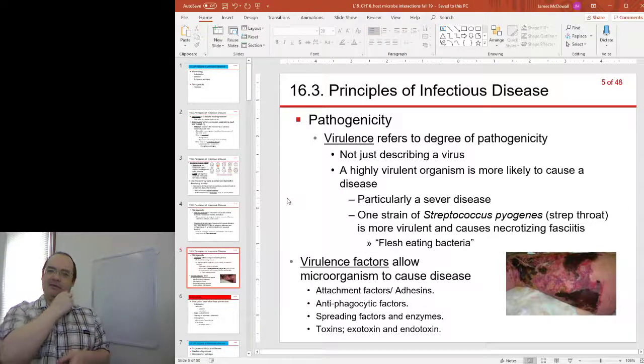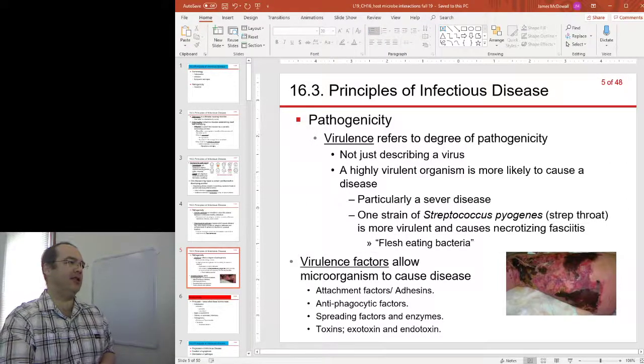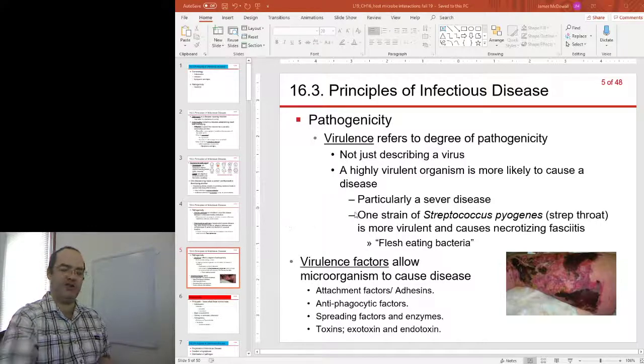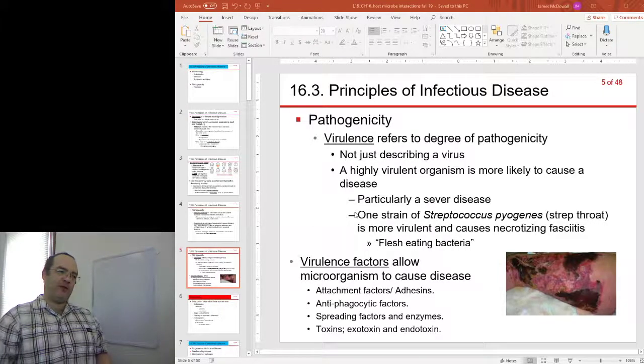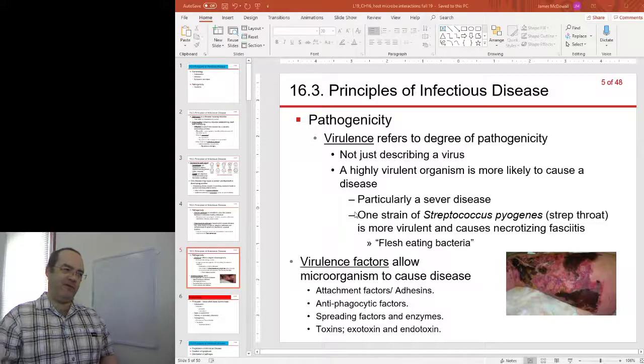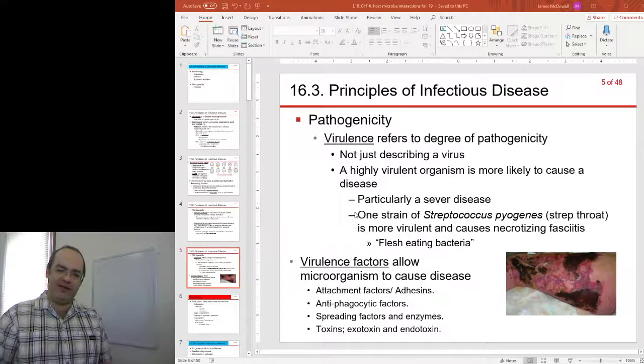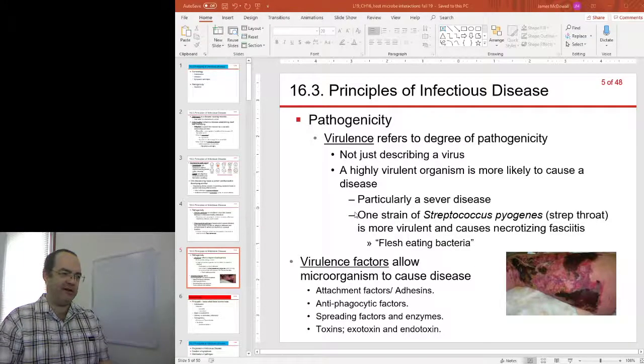We've looked at some examples. Sorry, I did a quick check there to see if I could find out whether the flesh-eating bacteria version of strep had a lysogenic infection, but I couldn't find it particularly easily.